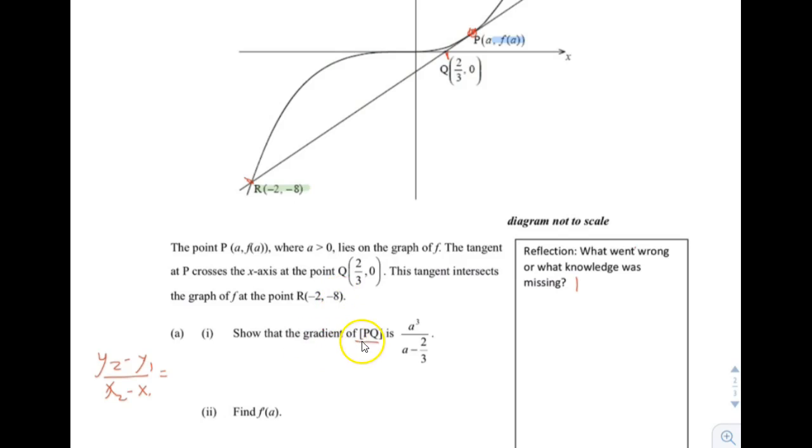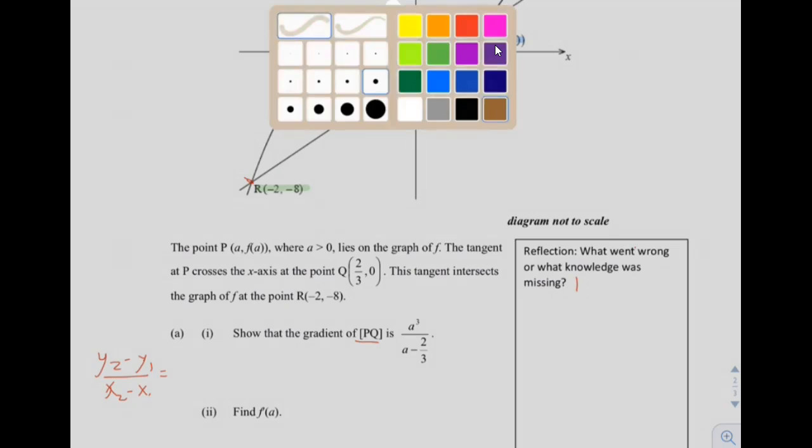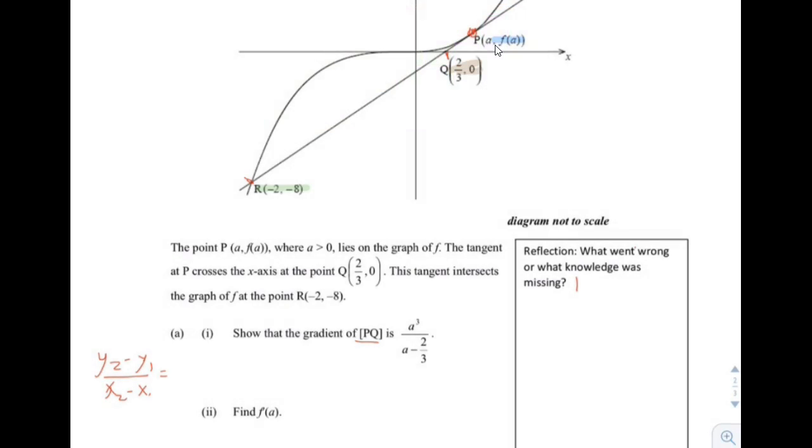The first thing it asks us to do is to find the gradient of the line segment PQ, which is the blue coordinate and the brown coordinate. To find the gradient between 2 points, it's just y2 minus y1 divided by x2 minus x1.